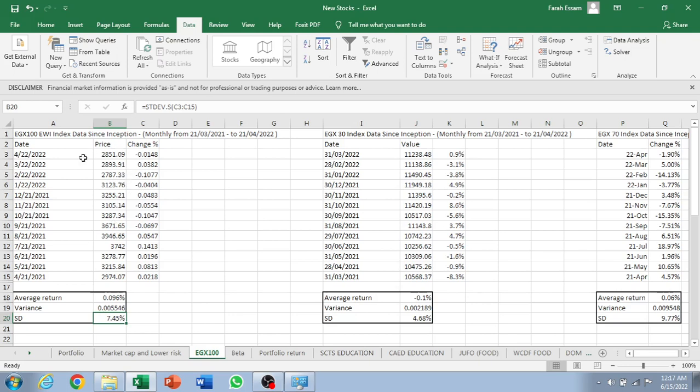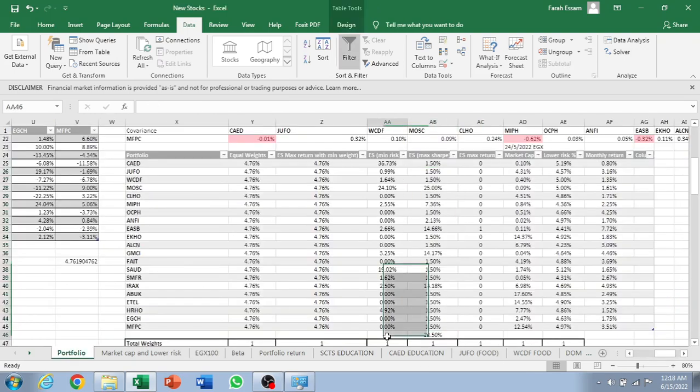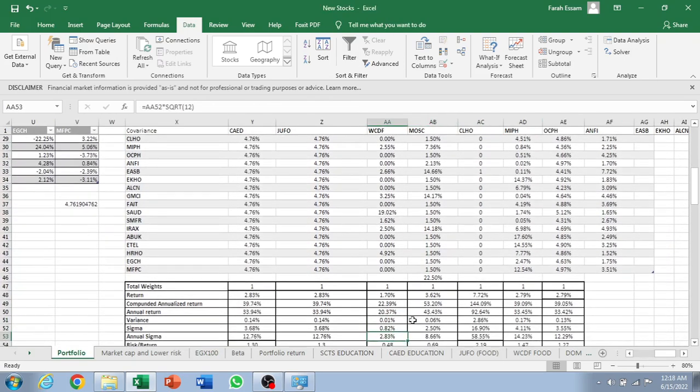So I got the data over the same period, and I calculated the average return, variance, and standard deviation. What needs to be noted here is that the standard deviation for EGX 100 is much higher than the monthly standard deviation for my portfolio, and this is a good sign because simply my portfolio is safer than the market.